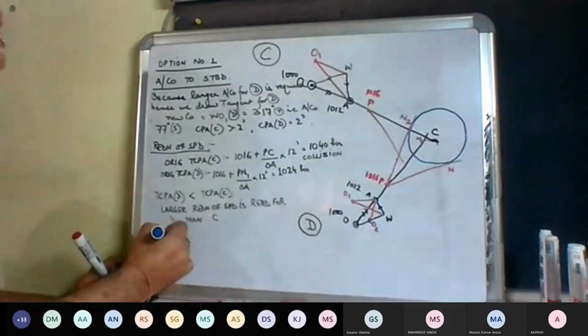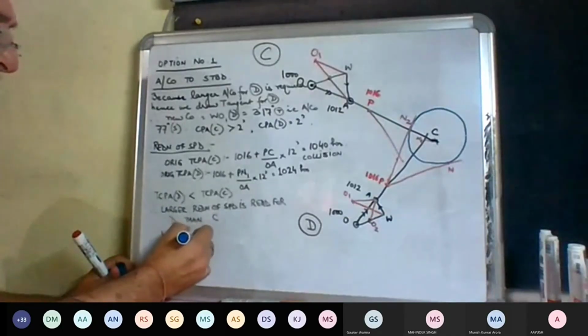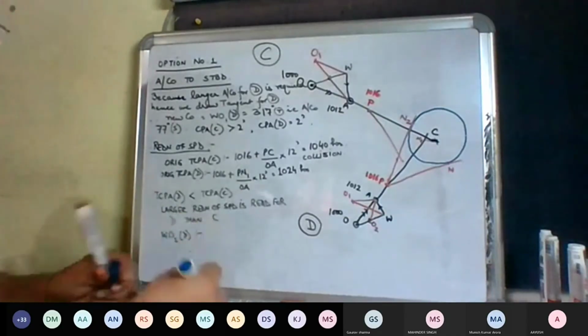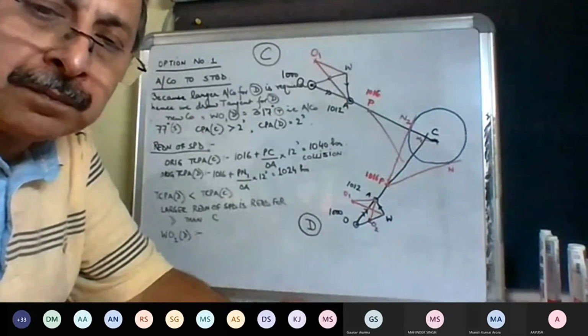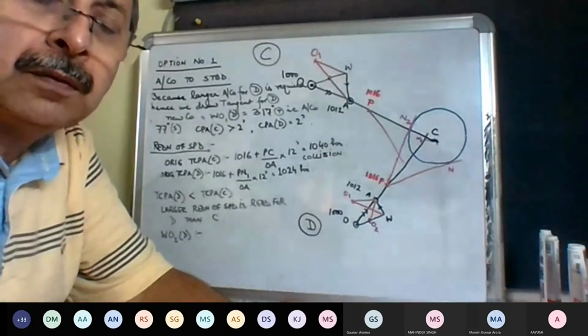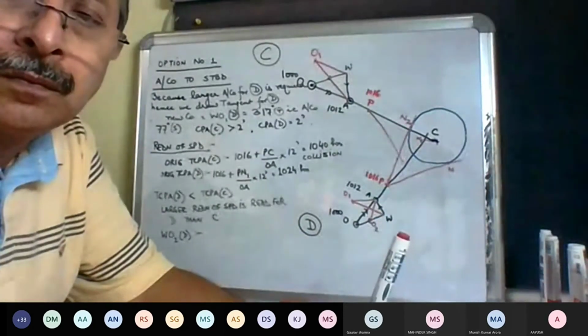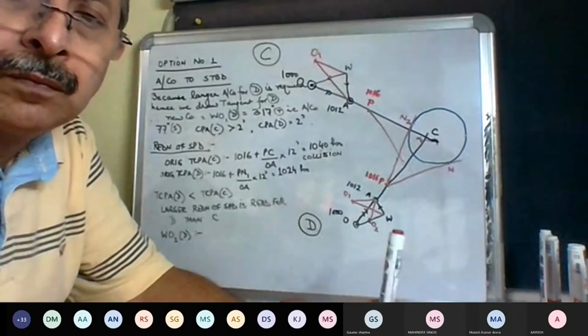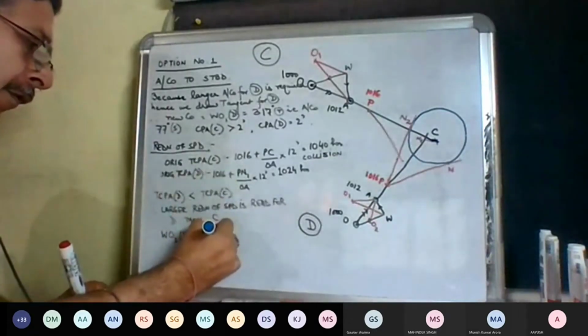Then WO2 for delta is the reduced speed. It becomes 2 knots.